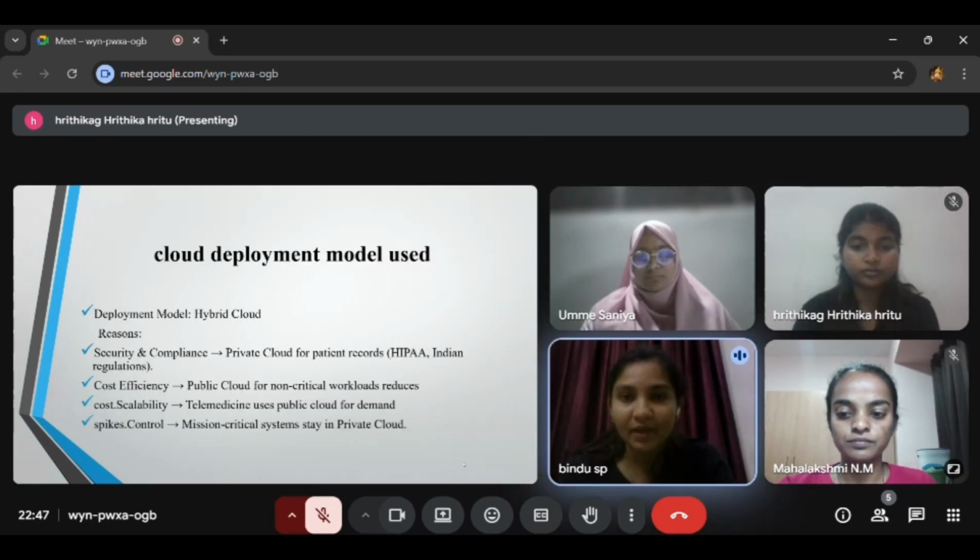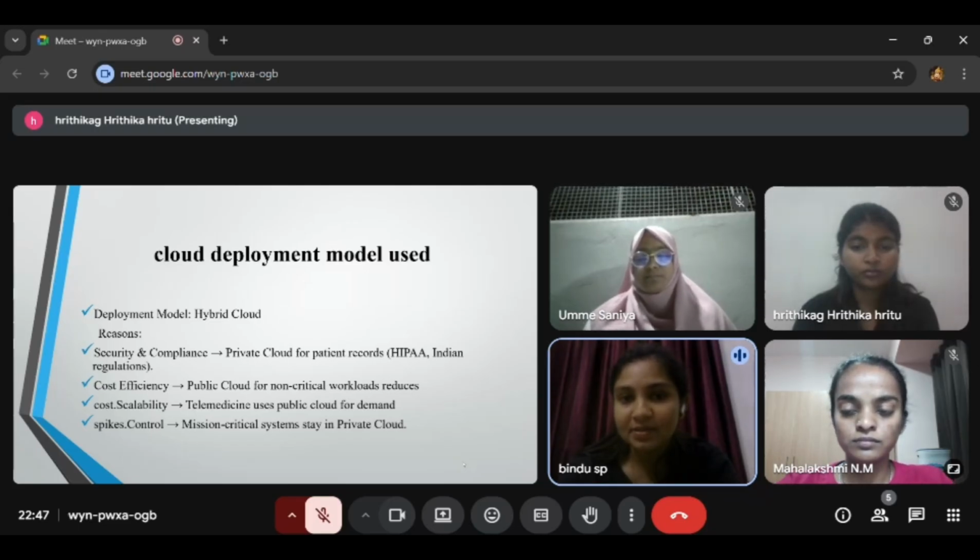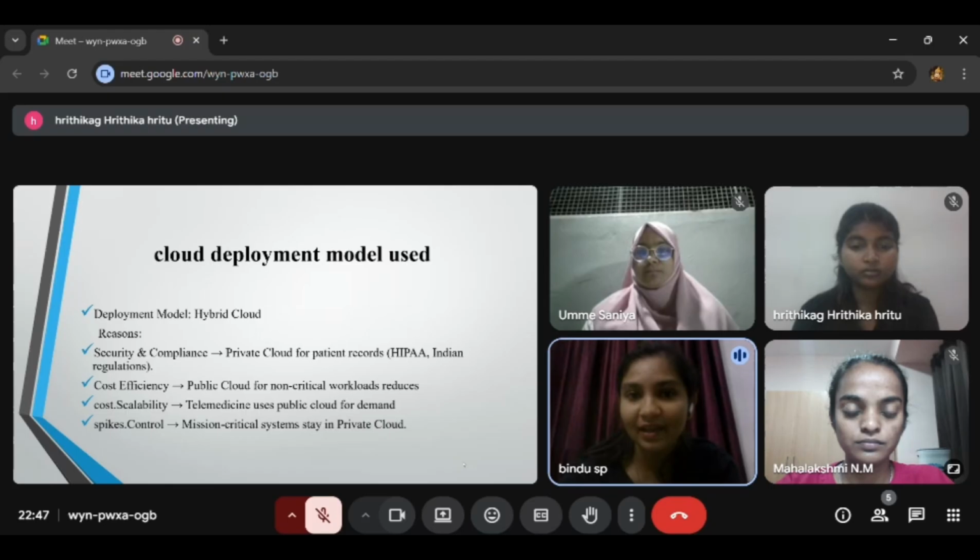I am Bindu SP and I am here explaining about the cloud deployment model used, the chosen model: hybrid cloud. Reason: security and compliance. Sensitive data like patient records are kept in a private cloud to follow regulations such as HIPAA and Indian healthcare rules.